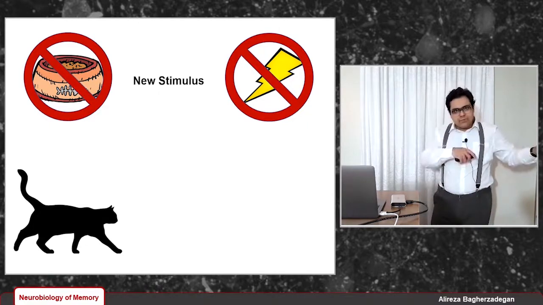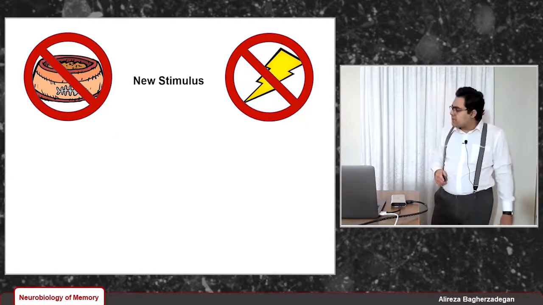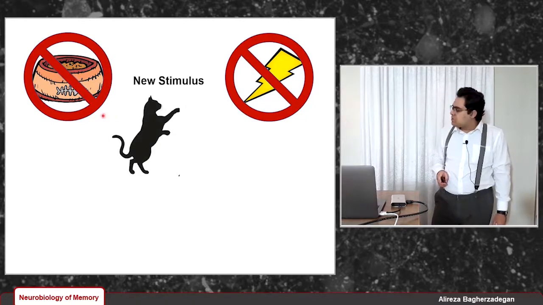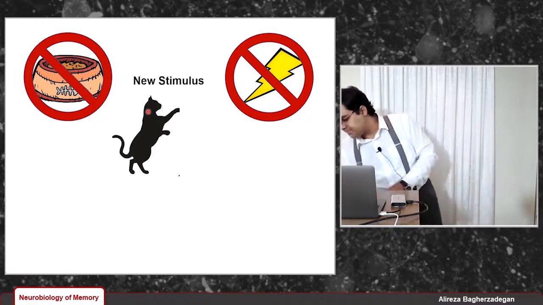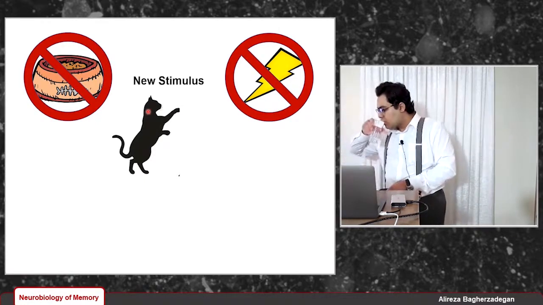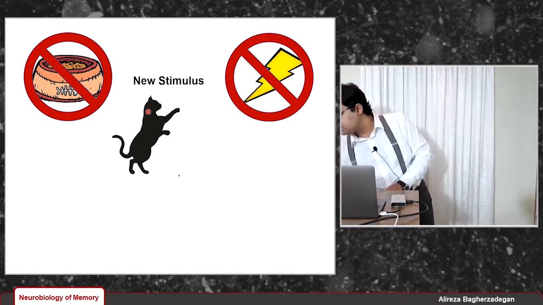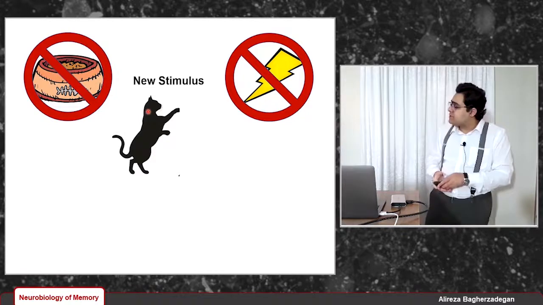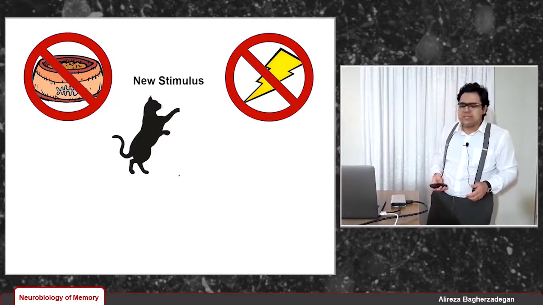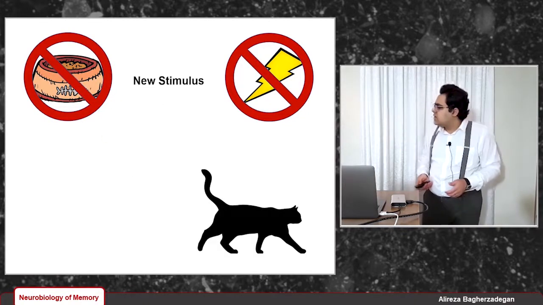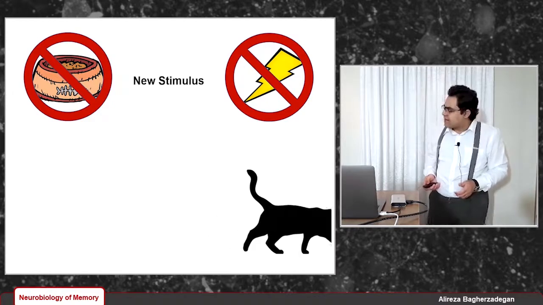So like the previous scenarios, the cat goes for it, wants to discover what it is. Once the cat discovers that this new stimulus has literally no value, what does the cat do? The cat goes away.